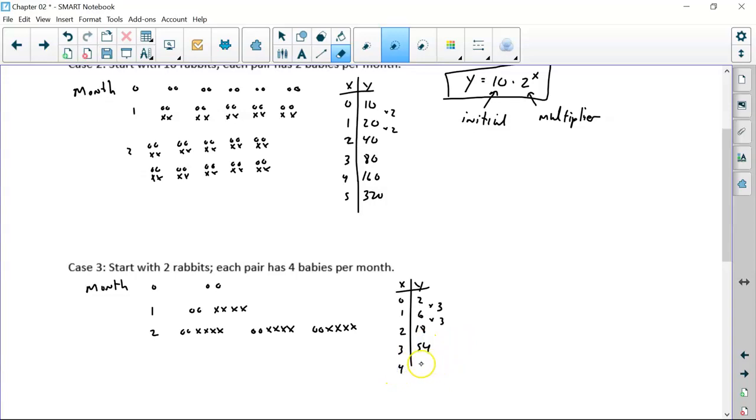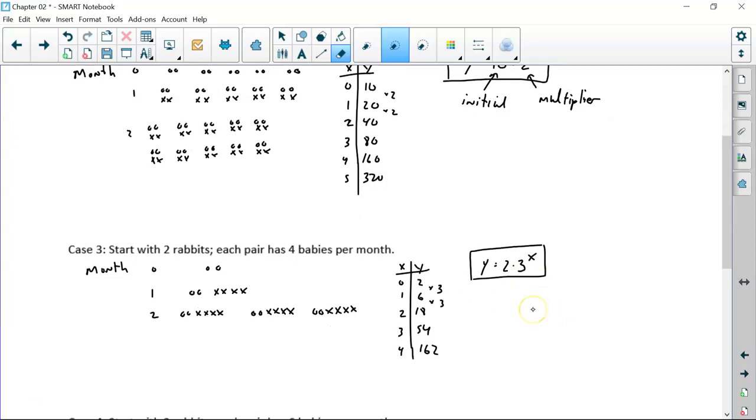Month 4, we would have 162. So our equation, y equals, now our initial this time is 2, but our multiplier now, we're multiplying by 3 each time, so it's times 3 to the x. Our multiplier changed for this one. Here it's not a multiplier of 2, it's a multiplier of 3.